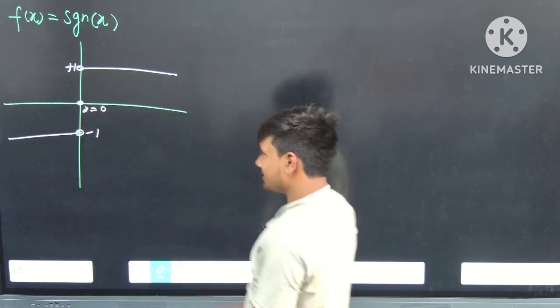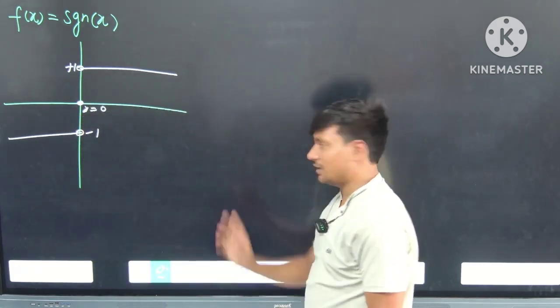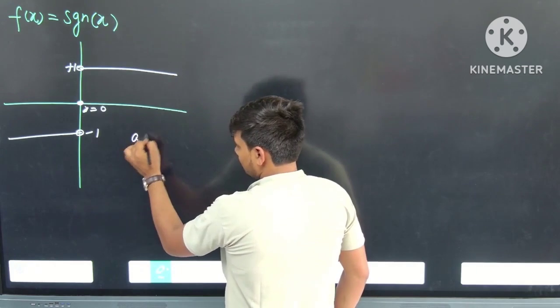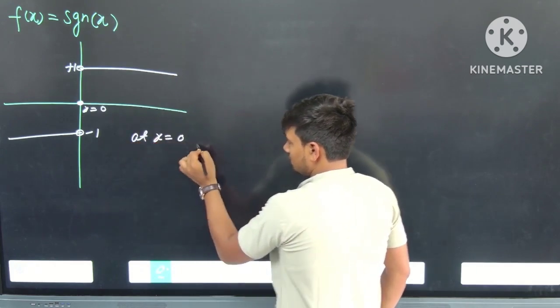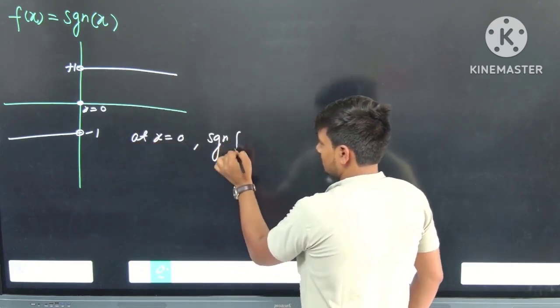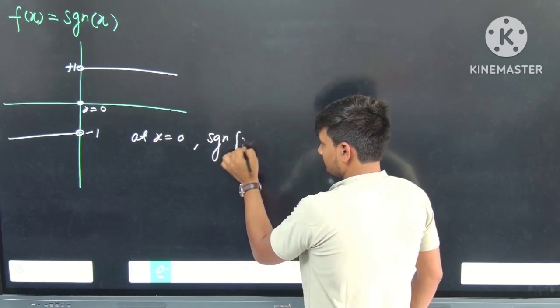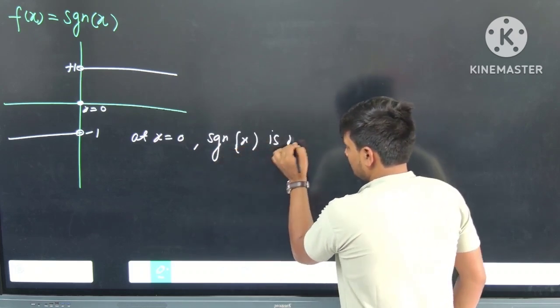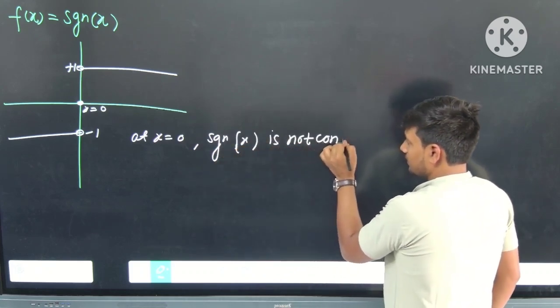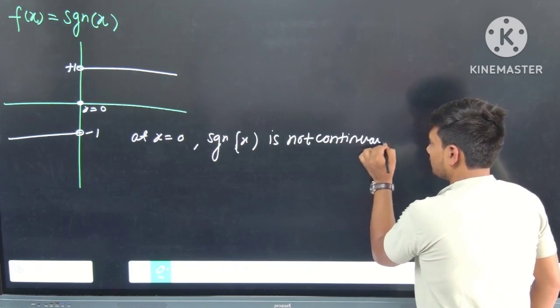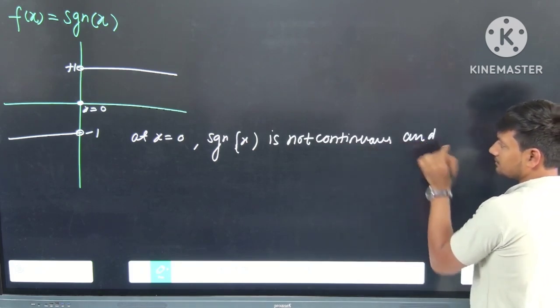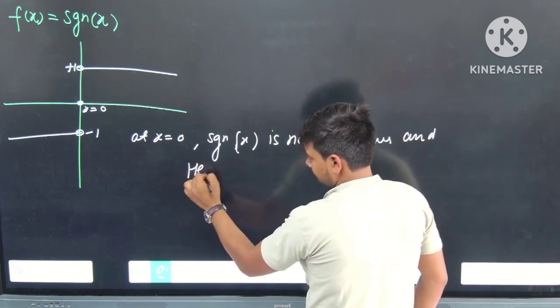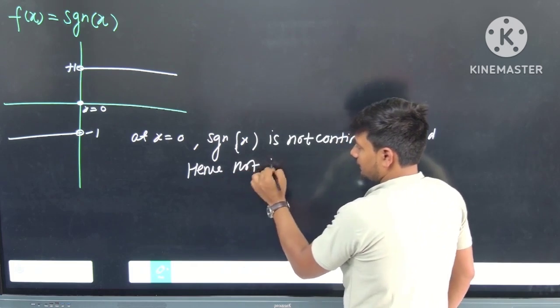So at x equal to 0, signum x is not differentiable. We know that at x equal to 0, signum x is not continuous and hence not differentiable.